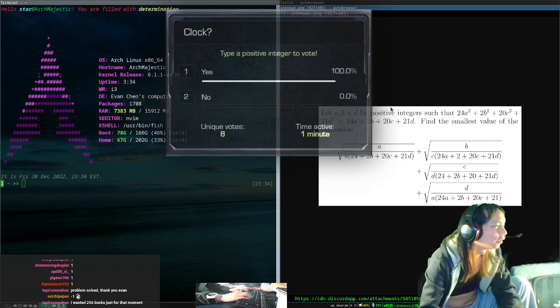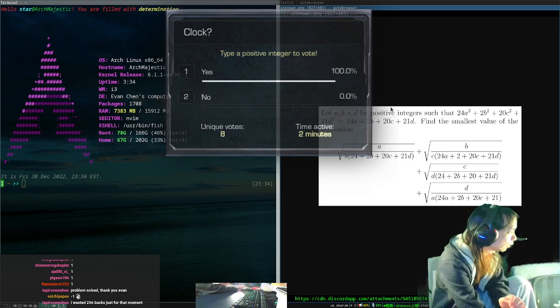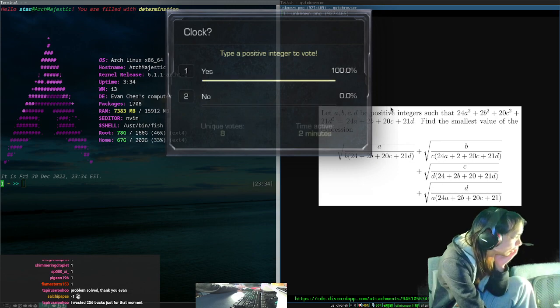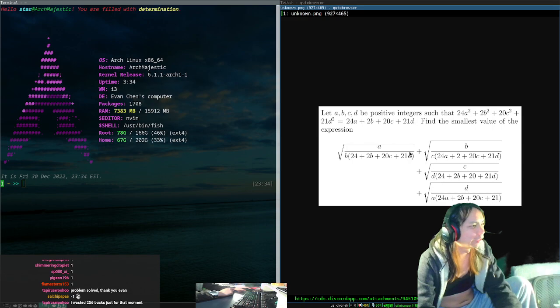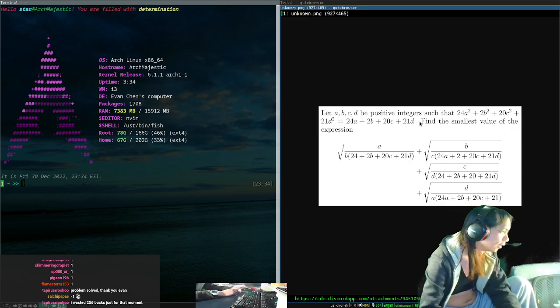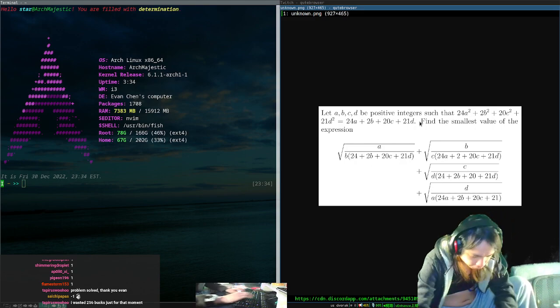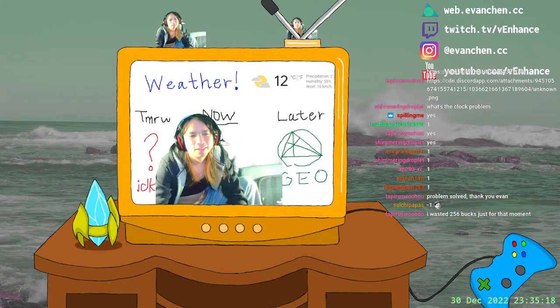Oh, come on. We'll dismiss the poll because it was unanimous, yes. Yeah, like positive integers, so they're all one. The end. Thank you for the solve. I am not doing that problem over real numbers.